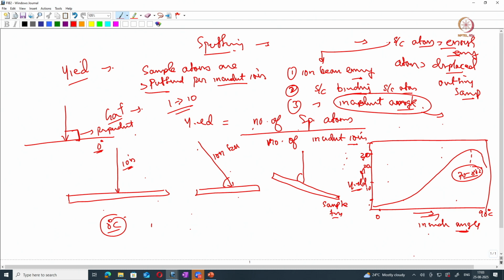This sputtering yield also depends upon your accelerating voltage. Your yield increases with your accelerating voltage from 2 or 5 kV to 50 kV.